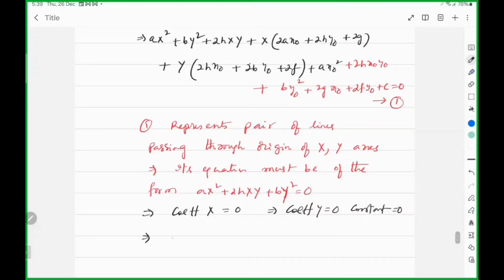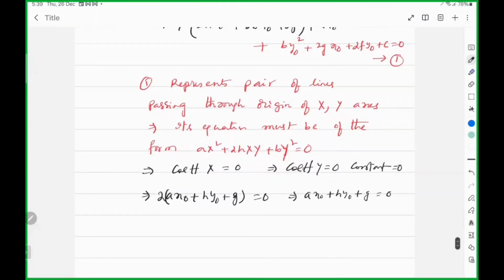So which implies here 2a x naught plus 2h y naught plus 2g is 0, so a x naught plus h y naught plus g is 0.